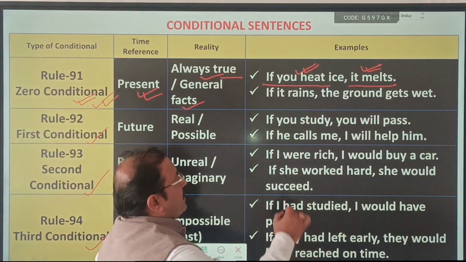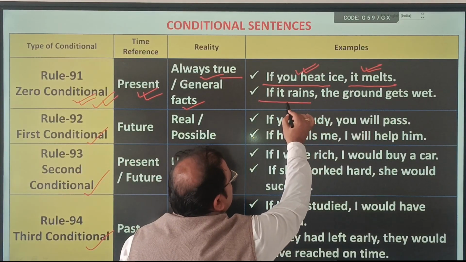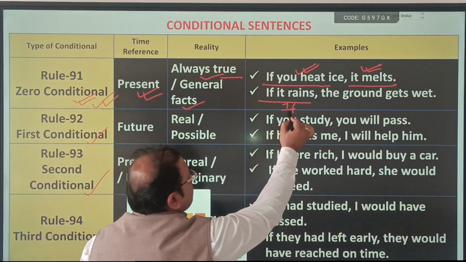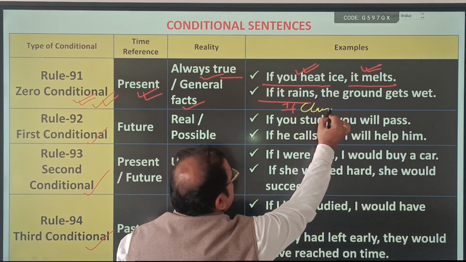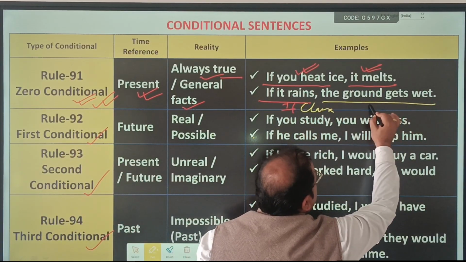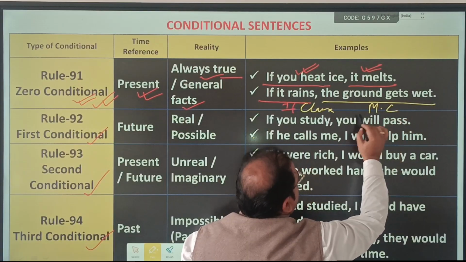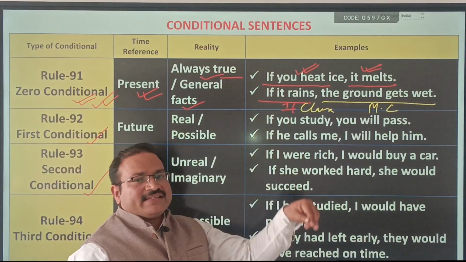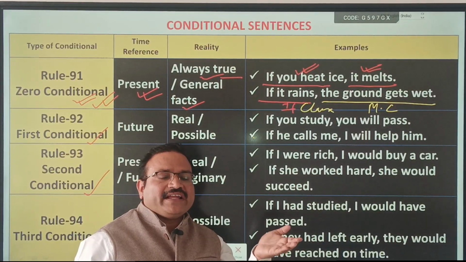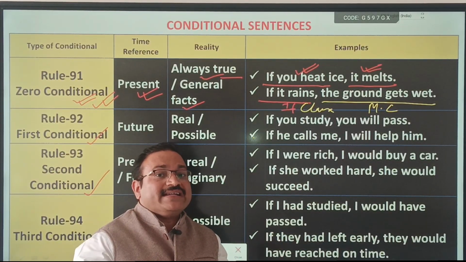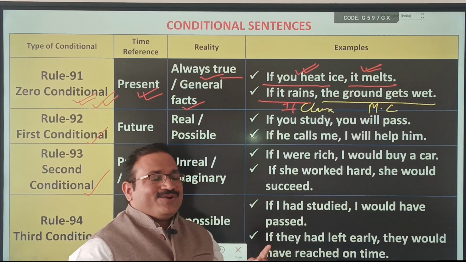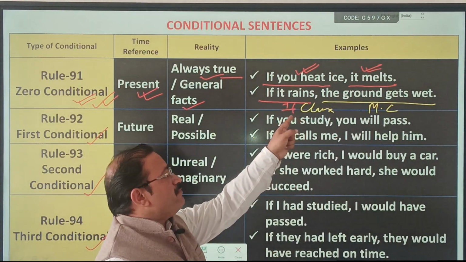Remember this. If it rains, what is this? If clause. This is if clause, and this is main clause. The ground gets wet. So if it rains, it's natural, it's obvious that the ground gets wet. So it's proven truth. What you have to keep in mind?